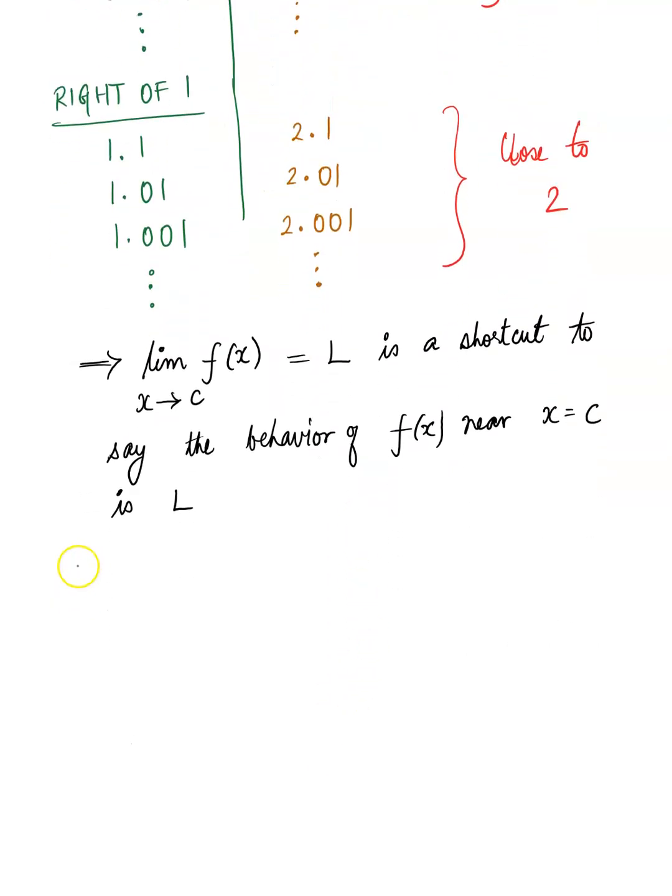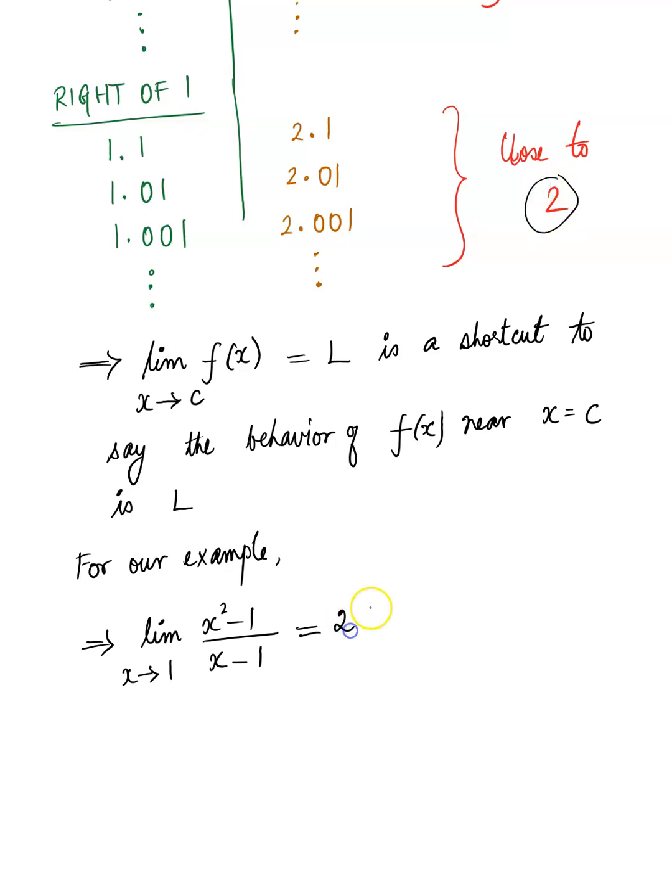For our example, this implies lim f of x was given to be x squared minus 1 over x minus 1, the limit of the function as x approaches 1, because we approached 1 from the left and from the right. So the behavior of this rational function near x equals 1 is L. The L was this value 2 we found, equals 2.